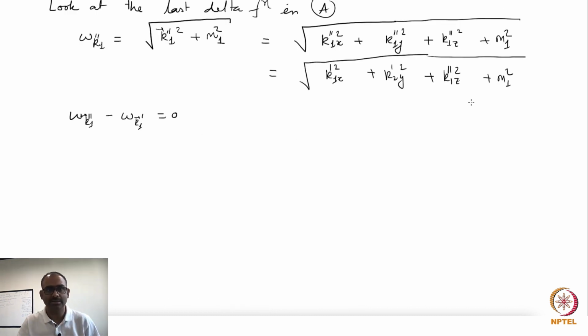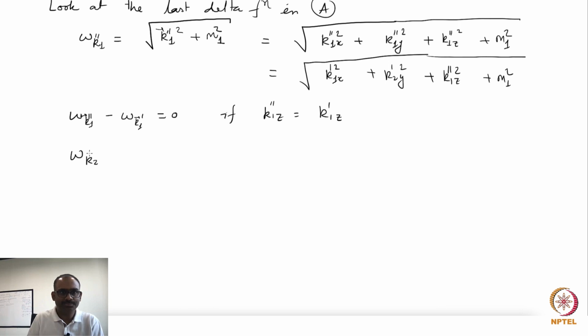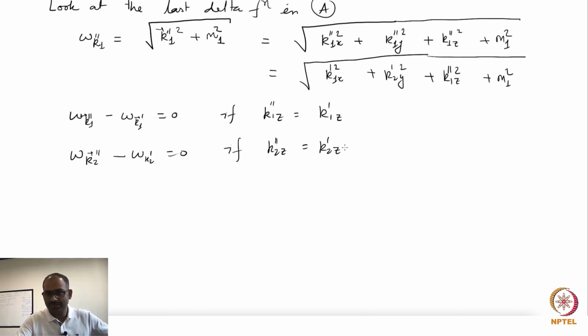So we get this condition satisfied if k1 double prime z is equal to k1 prime z, and similarly omega k2 double prime minus omega k2 prime is equal to 0 if k2 double prime z is equal to k2 prime z. Okay, and which is nice.